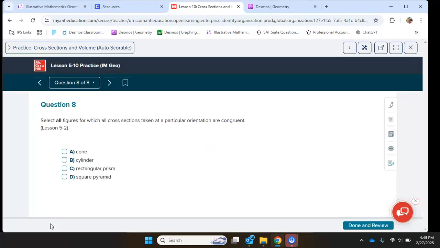Question 8. Select all figures for which all cross-sections taken at a particular orientation are congruent. A cone, all of its cross-sections would be circles, but they get smaller as you go up to the apex. A cylinder, all of its cross-sections are congruent circles.